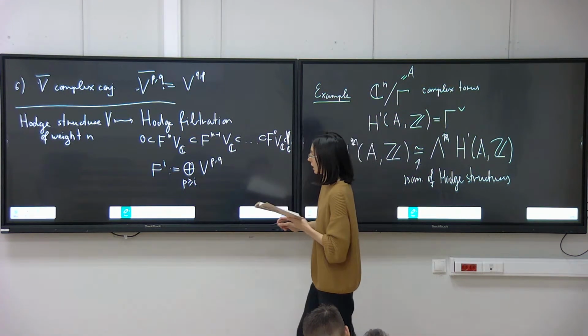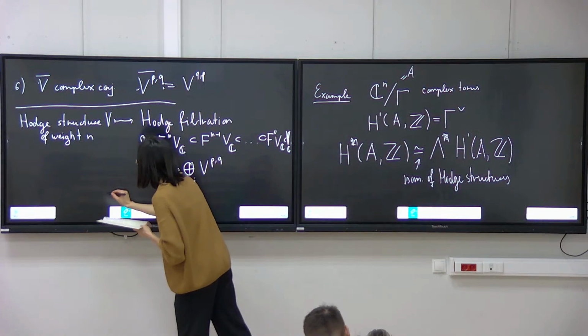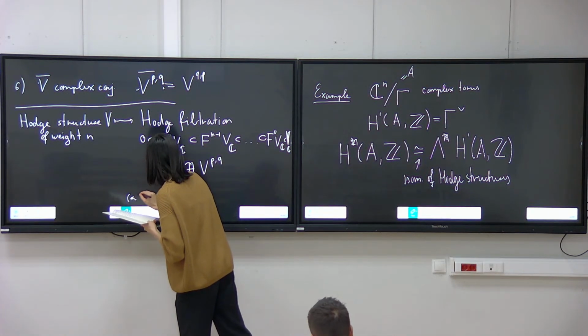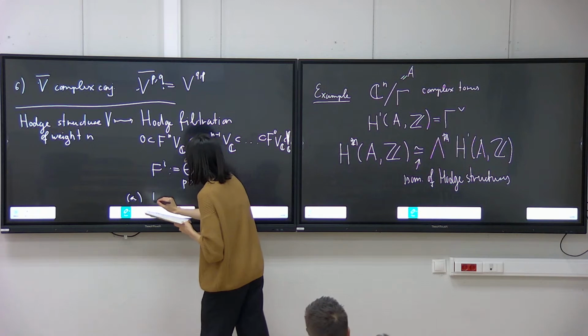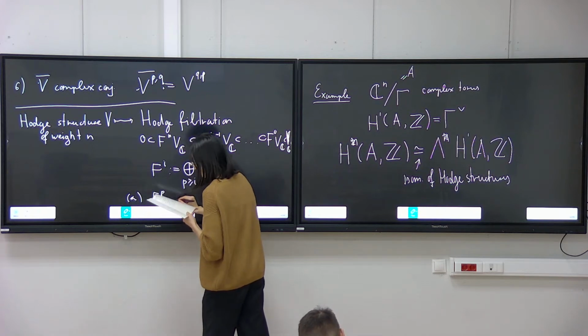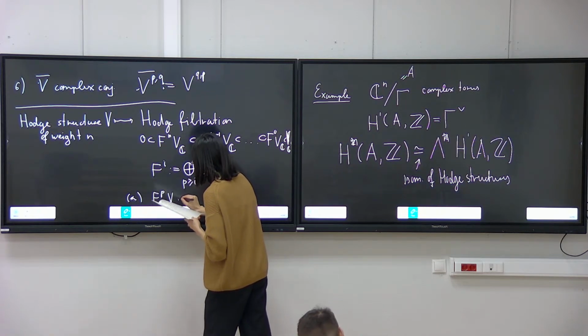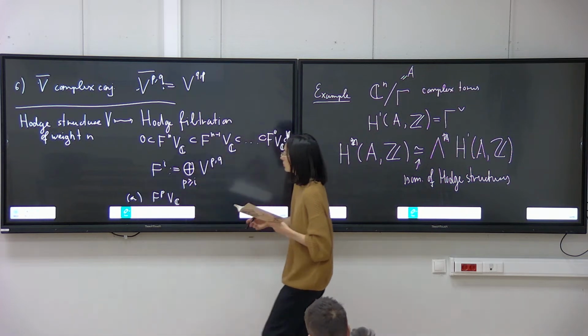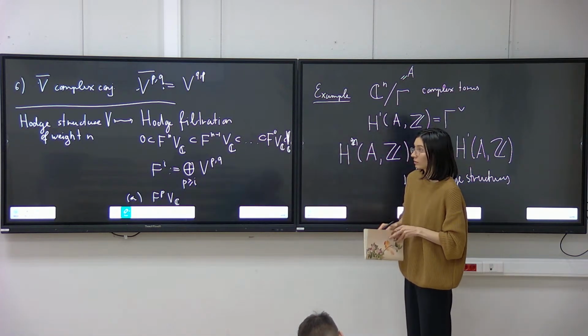Okay? Then for such a Hodge filtration, we have the following properties. If we consider its I don't understand the notion for F^n V_C.